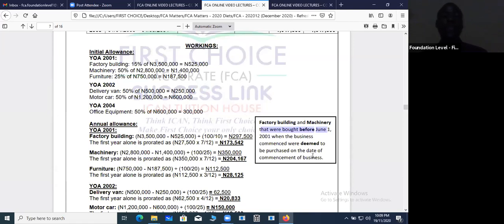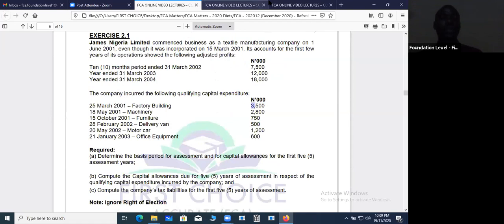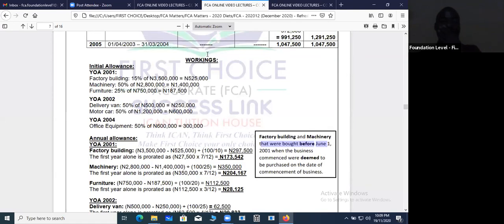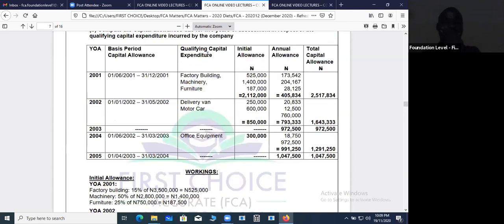So they are seen as though they were bought on June 1. If you look at our basis period, it is from June 1 to December 31st.